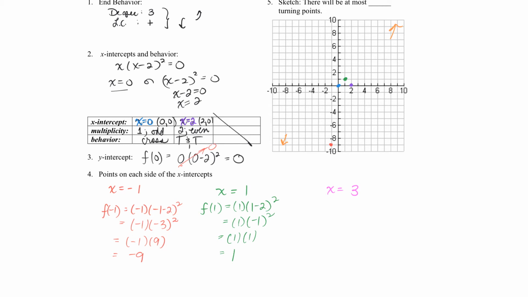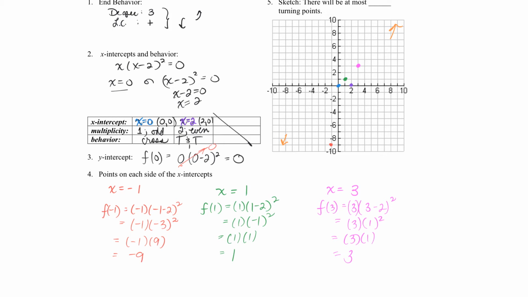And then finally, at 3, f of 3 is equal to 3 times (3 minus 2) squared. So that's going to be what? 3 times 1 squared. 3 times 1 is 3. So (3, 3). Which also fits with what I expect the behavior to look like, right?